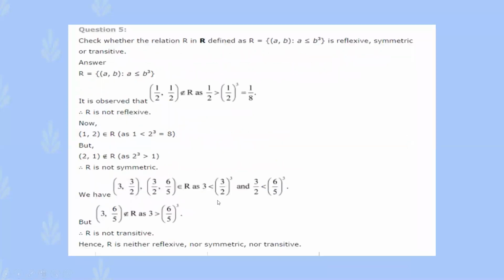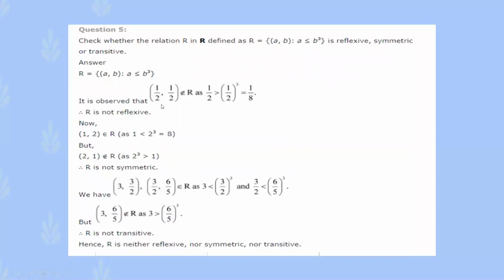Let's see this for question number 5. Check whether the relation R in the real numbers defined as R = {(a, b): a is less than or equal to b cube} is reflexive, symmetric, or transitive. So let us check for this. a is less than or equal to b cube.